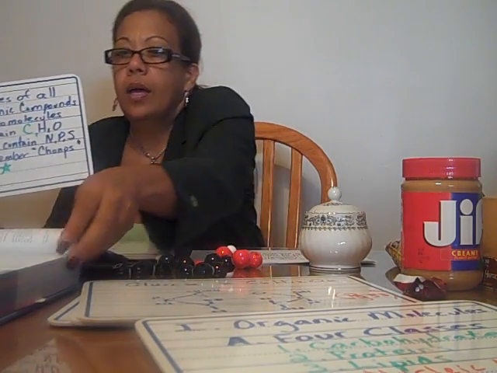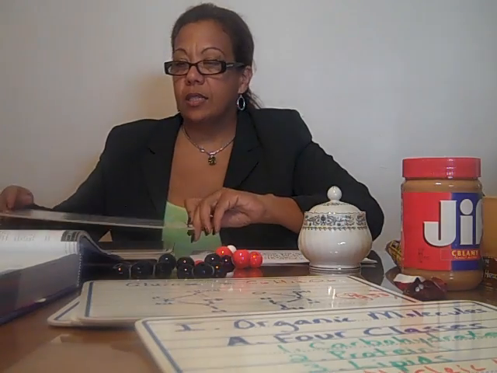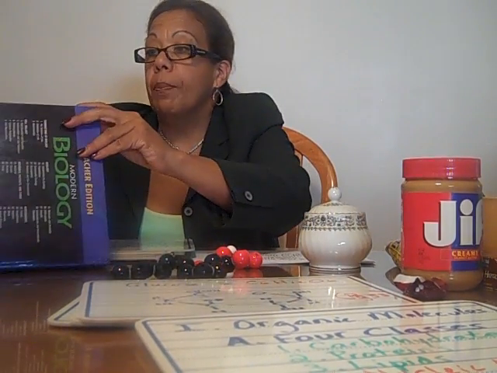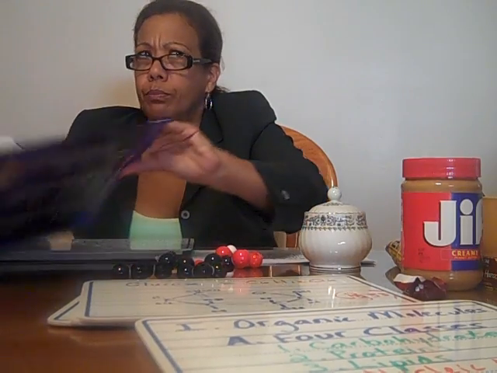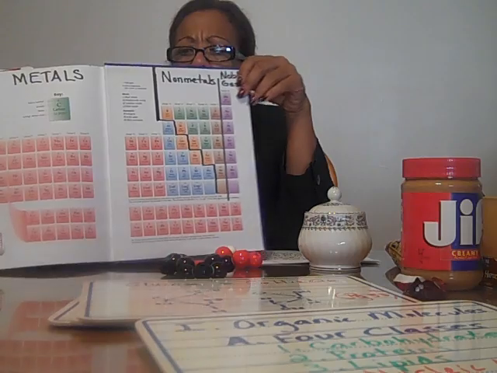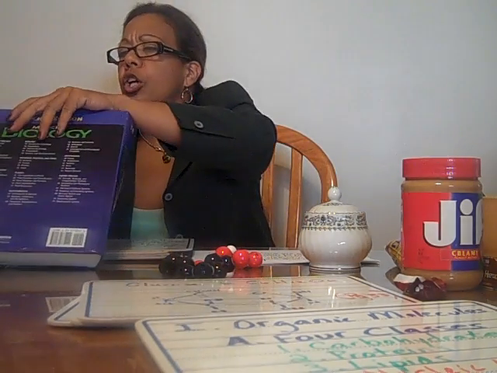If you have a question about what these symbols are, you need to brush up on them. They're on the periodic table on the inside cover of your textbook, okay? So you can look through them.